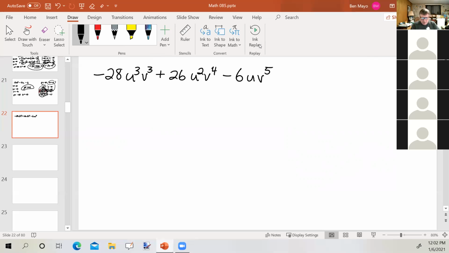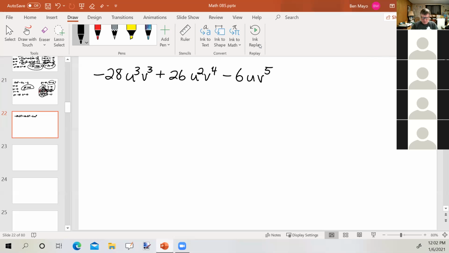Okay, so this is a trinomial. It's in standard form if you focus on u as the leading variable, because it's got u cubed, u squared, u. It's not in standard form in terms of v. We could turn the whole thing around, but if it ain't broke, don't fix it. It's in standard form in terms of u, so let's go with it.